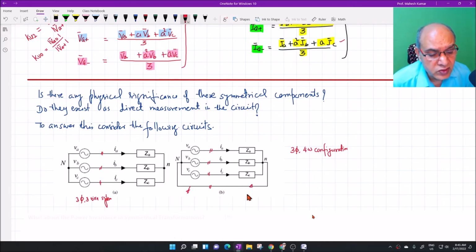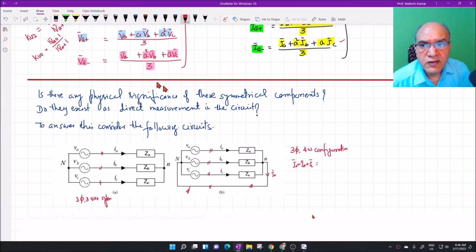Why it is called zero sequence current, I will tell you. If you take IA, IB, IC and apply Kirchhoff's current law at this neutral, we get IA plus IB plus IC equal to this current IN.